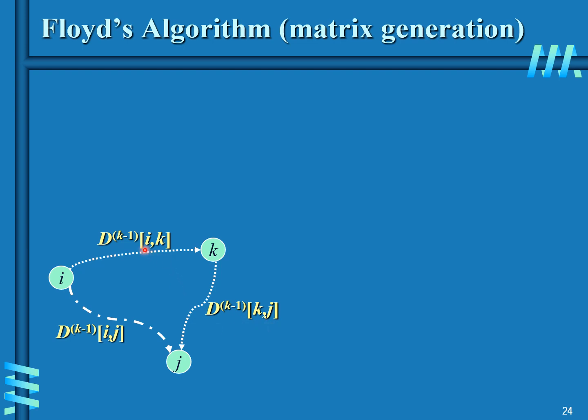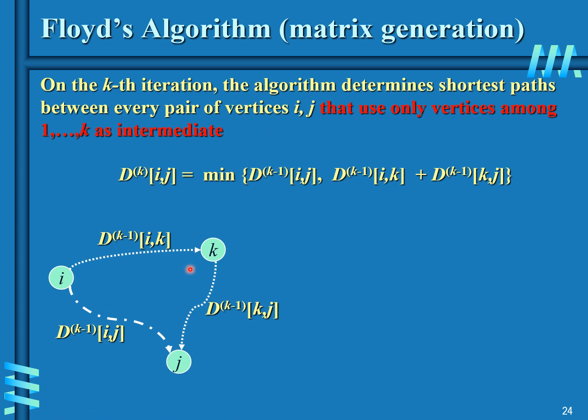Our intention is to find the shortest distance between i and j using a maximum of k as intermediate vertices. So you consider the minimum of these values, whichever is minimum is going to be the new distance of i, j. So this is the required recurrence.